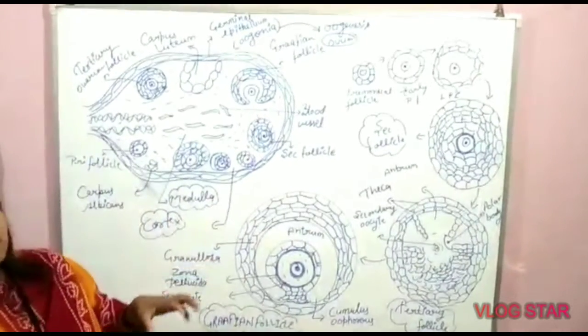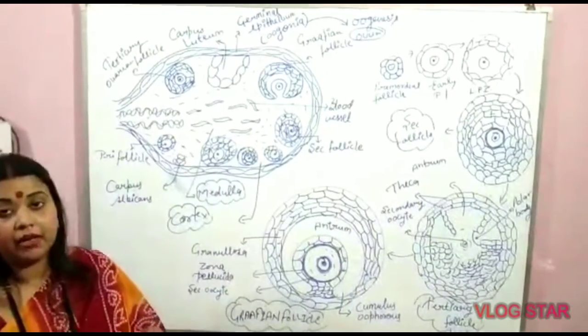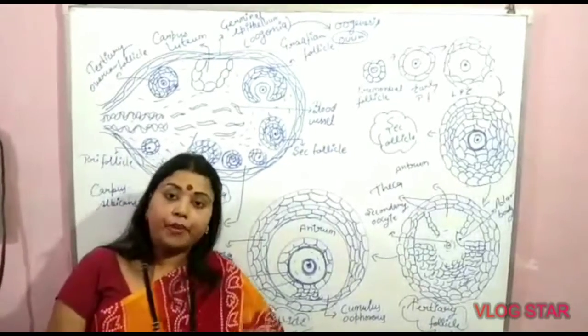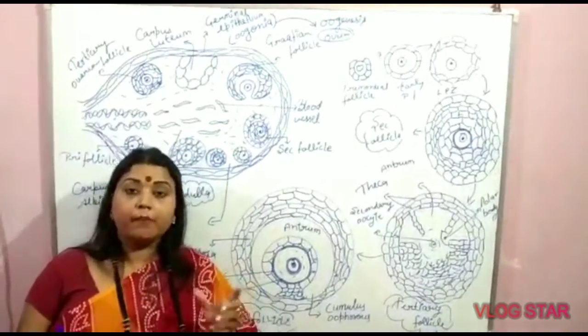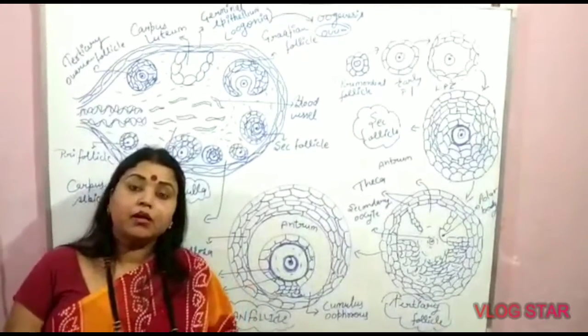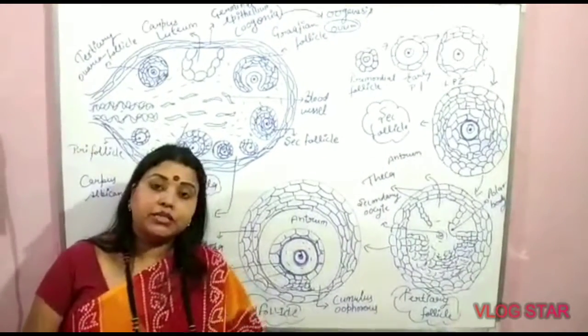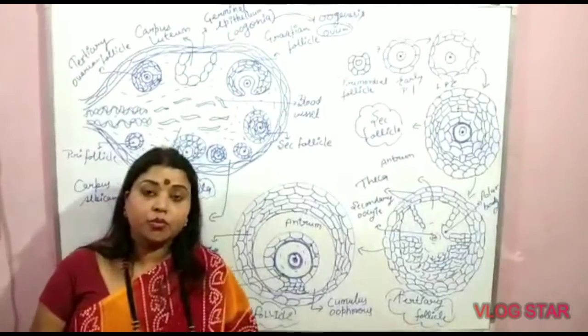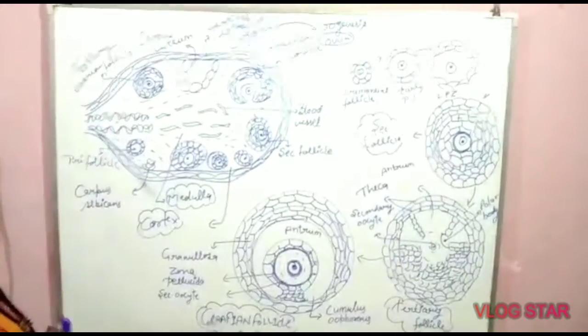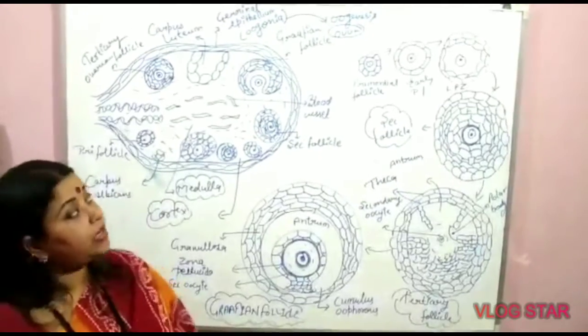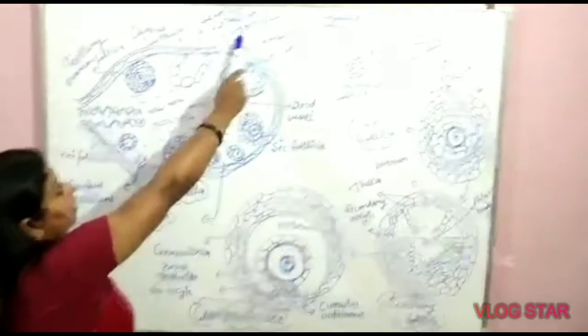After the birth of the female child, from birth till puberty, most of the oogonia degenerate, and only 60,000 to 80,000 oogonia remain. And at maturity, at the time of puberty, these oogonia develop.